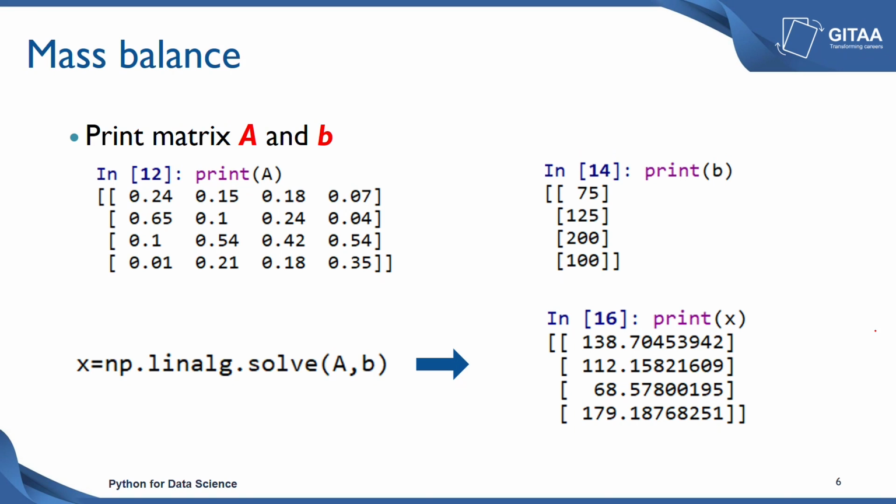When we print x, these are the 4 values we have got. The first value is 138.70453942, which is for T1. Similarly, we have got the values for the other ones. Now we have got the actual output flow rates in kg mole per minute.